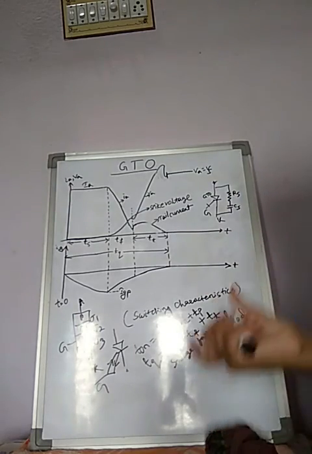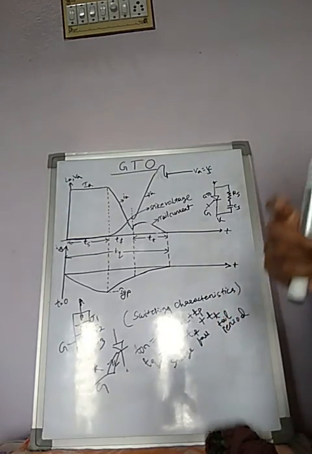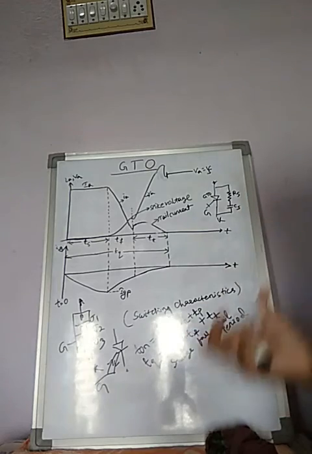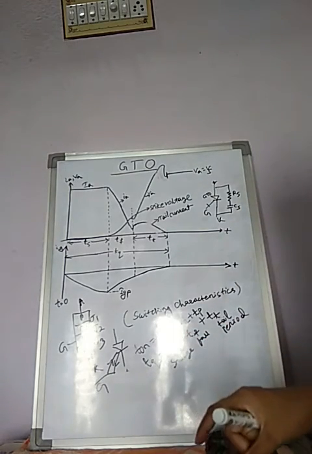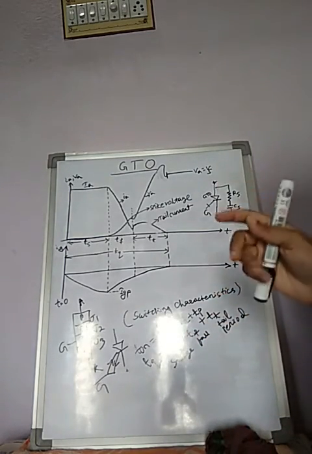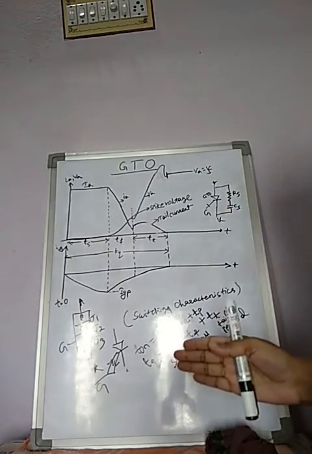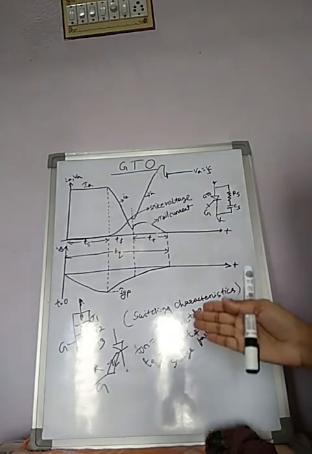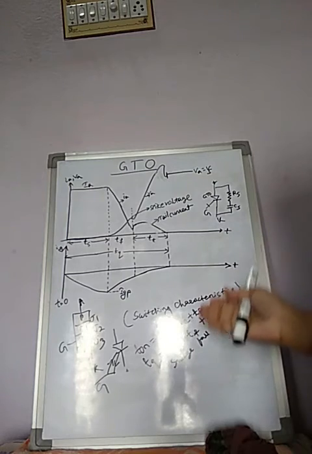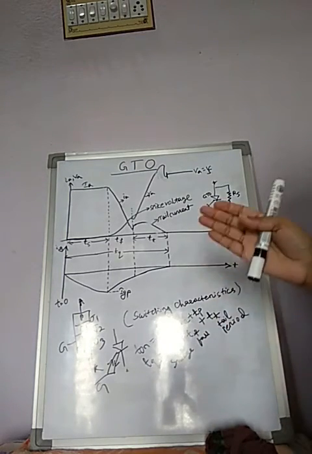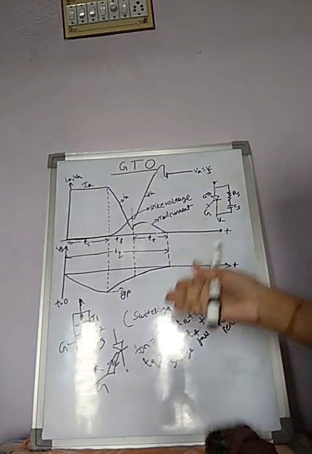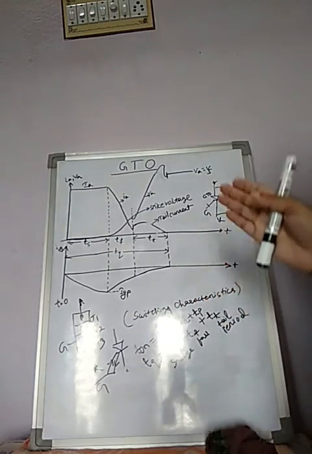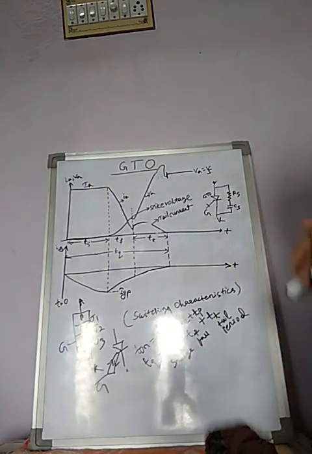While using a commutation choke, electromagnetic noise is produced. So in the GTO unit there is a reduction of acoustical and electromagnetic noise, because we eliminate the commutation circuit and the commutation choke.